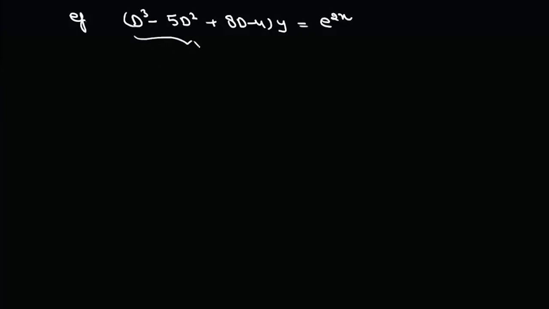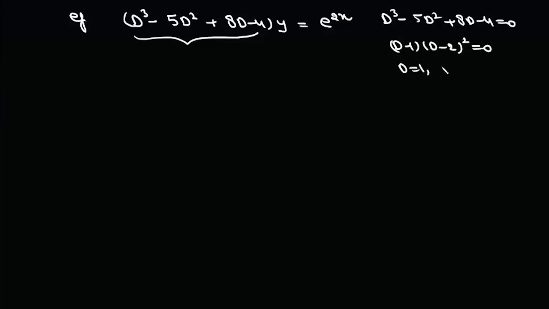Now this is the homogeneous part. So d cube minus 5d square plus 8d minus 4 equals 0. We have solved it previously using the method of undetermined coefficients. So we know it will be d minus 1 and d minus 2 square equals 0. So we have d equals 1 and d equals 2 and 2.